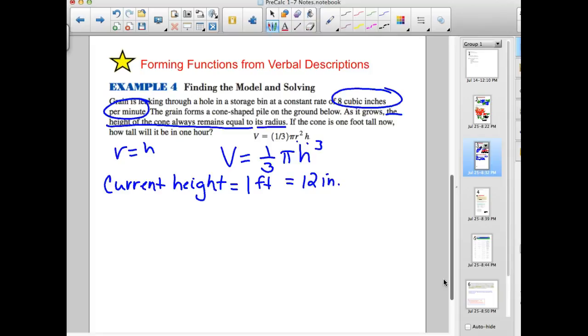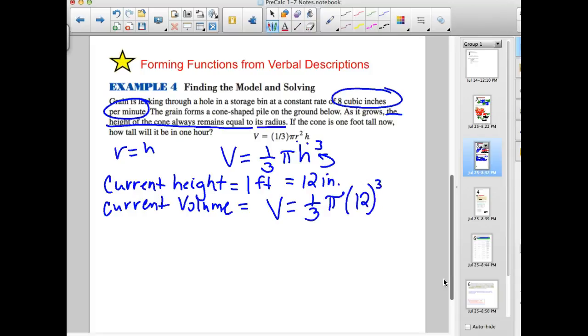Okay, so can we calculate the current volume? We know a height, we can plug it in there. So volume equals 1/3 times pi times 12 cubed. Let's leave pi in there. Let's just take 1/3 times 12 cubed.